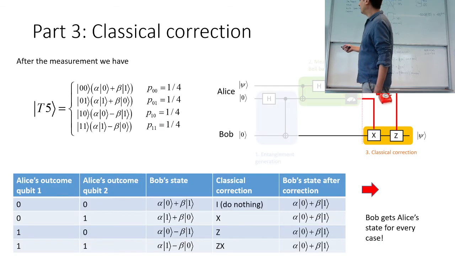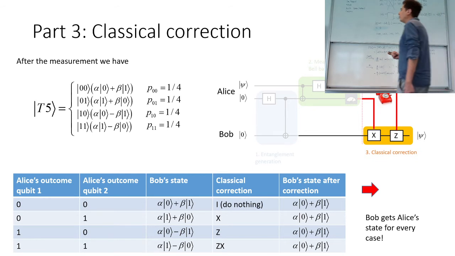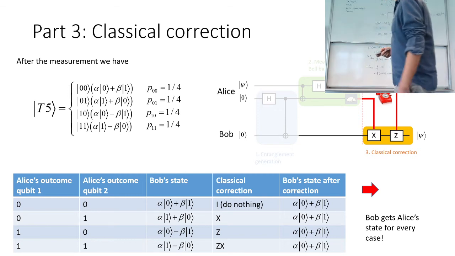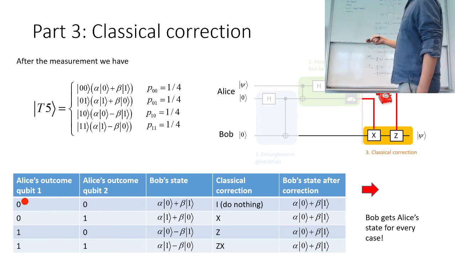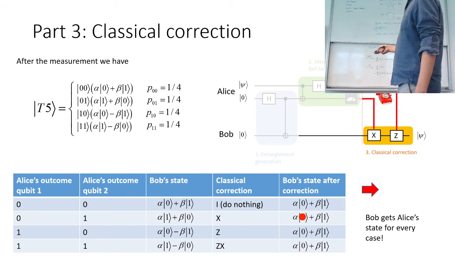So the rules for the classical correction are, here's the table for the 4 rules that Bob needs to do to fix up the state. If Alice gets 0 and 0, then Bob doesn't need to do anything because he's already got the correct state. If Alice gets 0, 1, then Bob needs to apply an X gate, because if you apply an X, it'll flip the 0 and the 1, so you'll get the correct state.